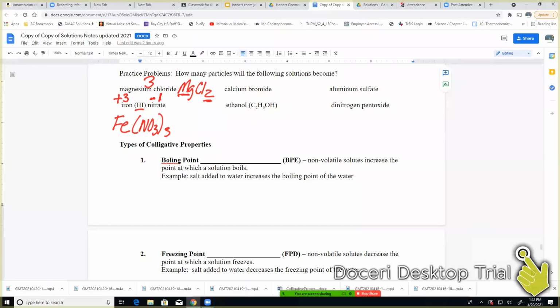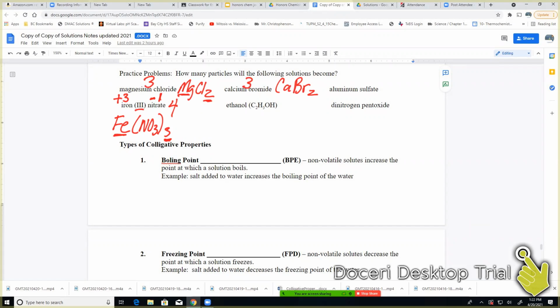So how many particles do you think that one will ionize into? 4, exactly. 3 of the nitrates and then just 1 of the iron for a total of 4. What about calcium bromide? 2 from the bromides, but then 1 more from the calcium for a total of 3.